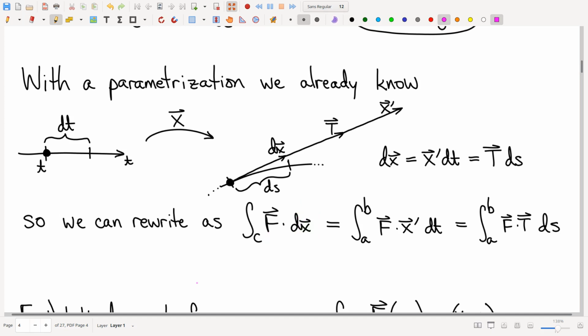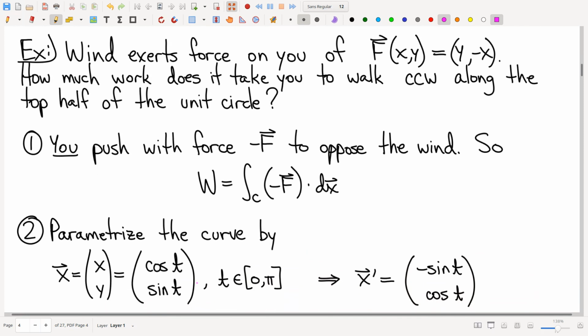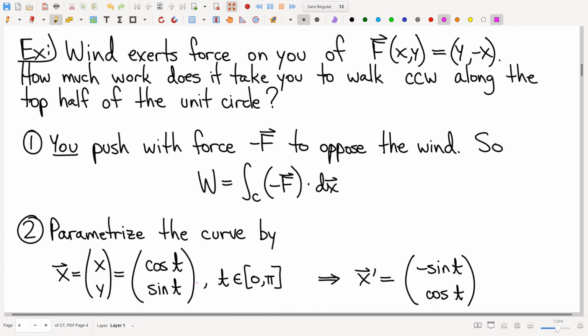Okay. So let's do one. Get our hands dirty. We are going to walk counterclockwise along the top half of the unit circle. So there's our path. Note there's an orientation indicating that we are going counterclockwise.